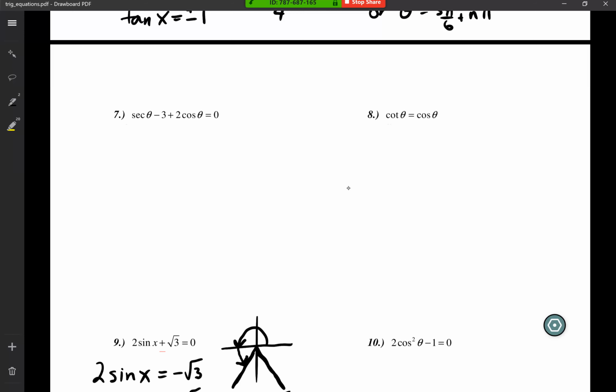So this one is hidden on us a little bit, this one actually turns out to be a quadratic because it's written slightly differently. So this is an example of a type of problem where the first thing that you're going to want to do is get everything in terms of the same trig function.